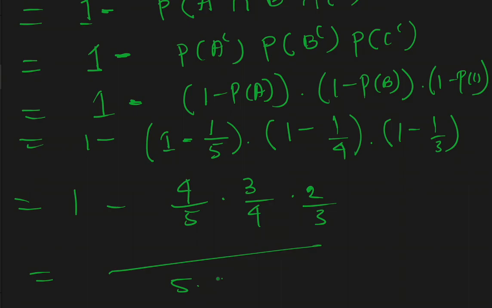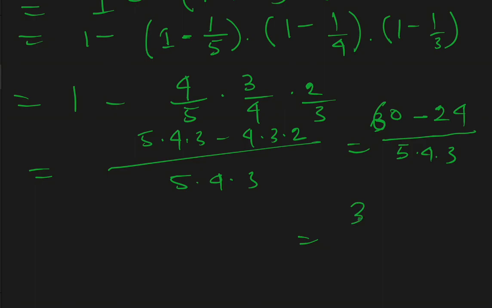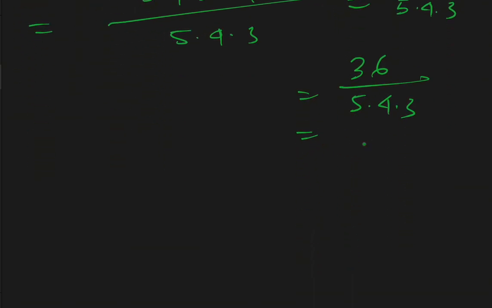So that will be 5 into 4 into 3 minus 4 into 3 into 2, so this will be 60 minus 24, right? 36 by 5 into 4 into 3, so it will be 12... it is nothing but 3 by 5.